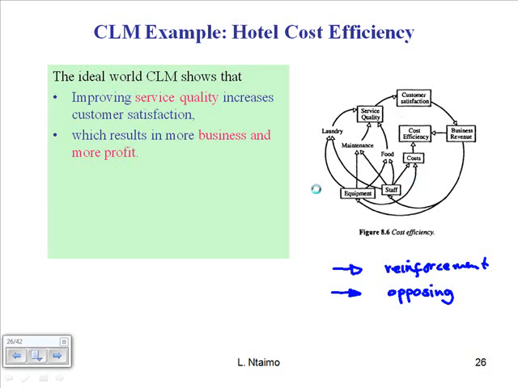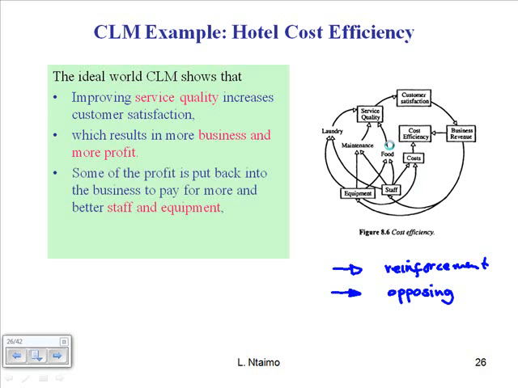You're going to come up with something like this, and then you can describe what the causal loop model suggests. In this case, you can assume that once you get the revenue, then some of that revenue or profit is pumped back into the equipment, the staff.